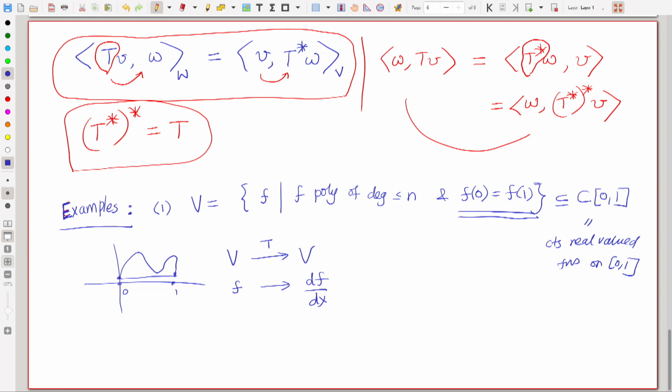So let's just put some additional conditions here, just to ensure that it's closed under this operation. So let's put a bunch of zeros, maybe that's easier. So f of 0 equals f of 1, f dash of 0, f dash of 1 are all 0. Suppose we do that. Okay, now why am I doing this?